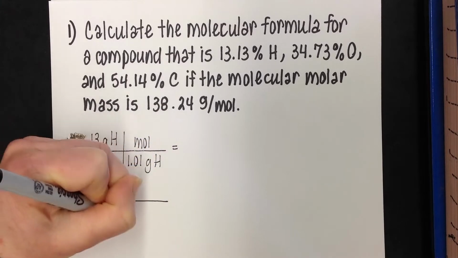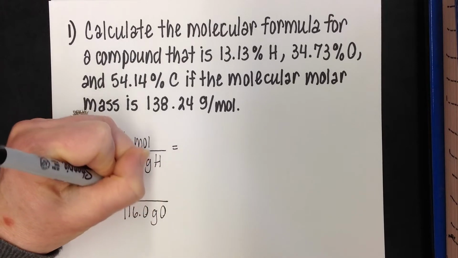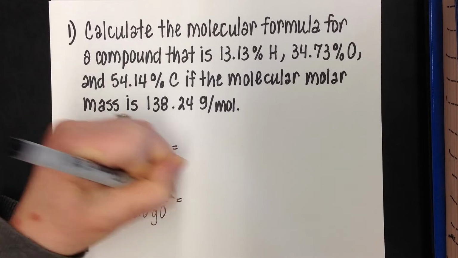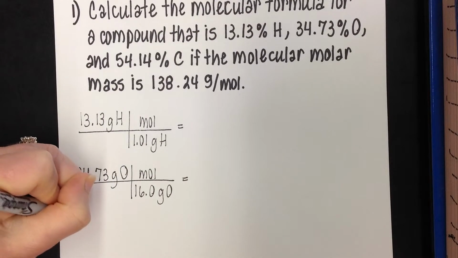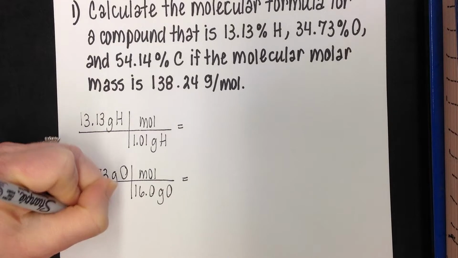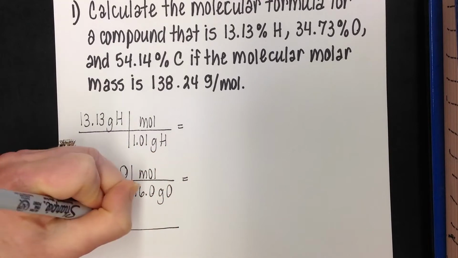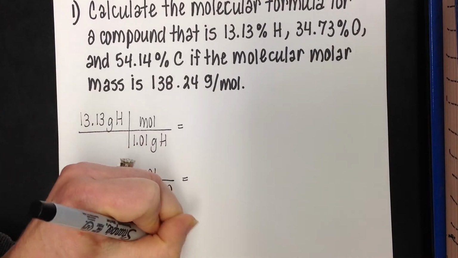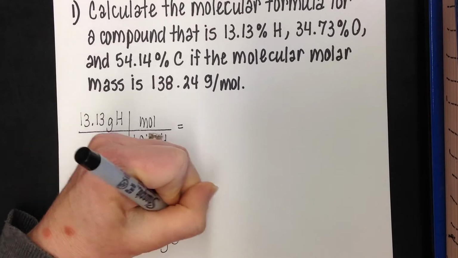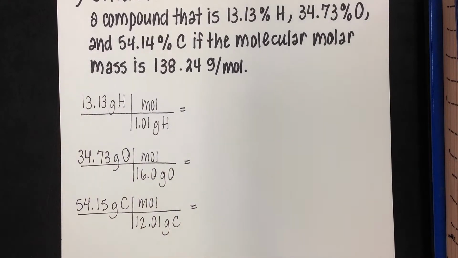And oxygen has a molar mass of 16.0 grams per mole. And lastly, we have carbon. We have 54.14 grams of carbon. And the mass of carbon is 12.01 grams of carbon per mole. So again, this first step is converting grams to moles. So let's go through and figure all these up.